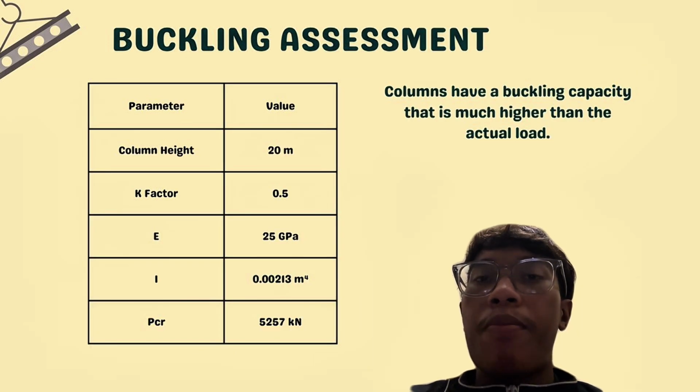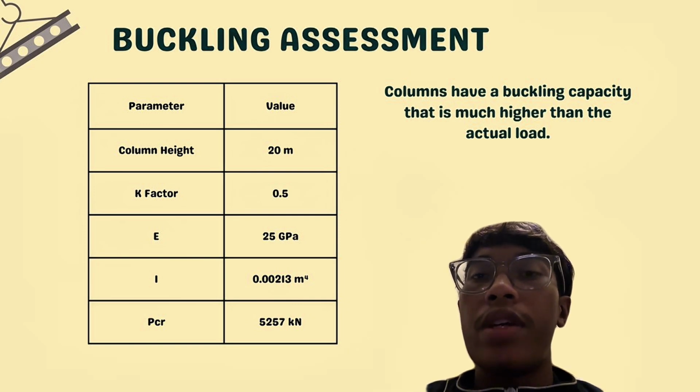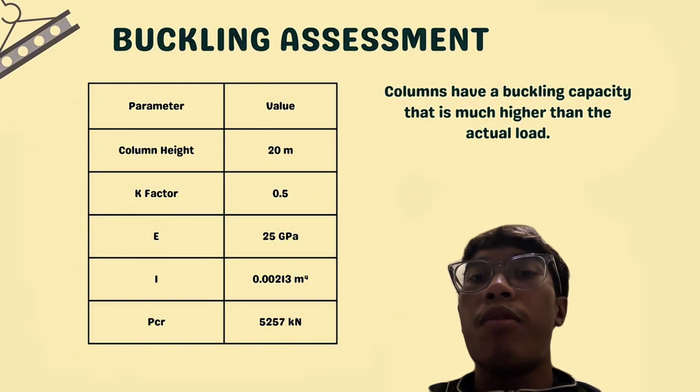Now, this slide presents the buckling assessment of the reinforced concrete column. The parameters used in the analysis include a column height of 20 meters, a K factor of 0.5, modulus of elasticity of 25 GPa, and a moment of inertia of 0.00213 meter to the power of 4.